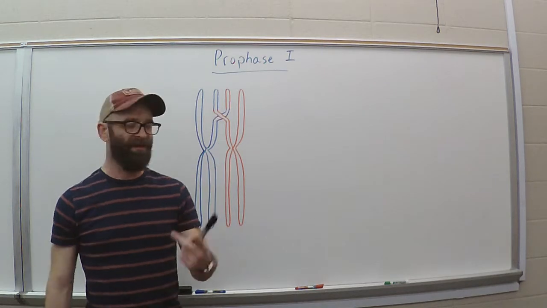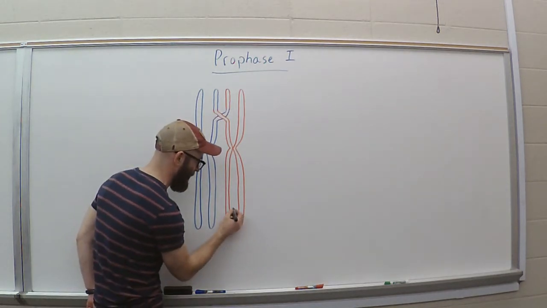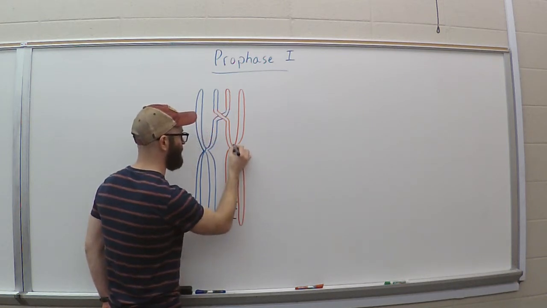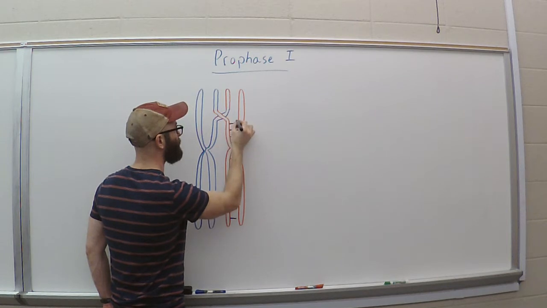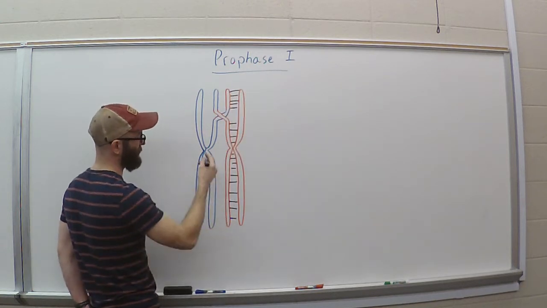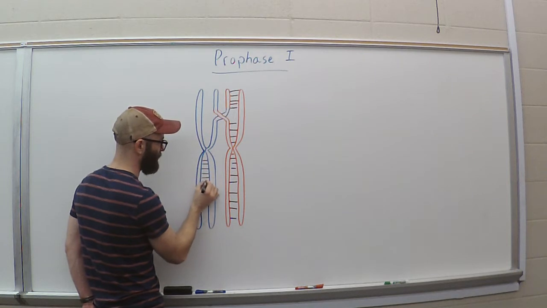This does two things. One is it allows these homologous chromosomes to stay stuck together during meiosis 1, until the cohesin proteins are cut, right?